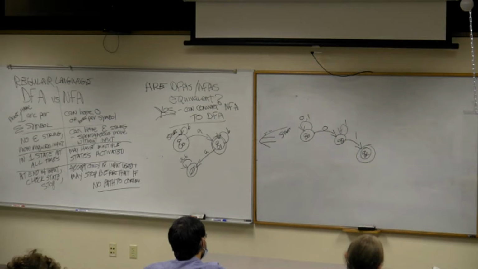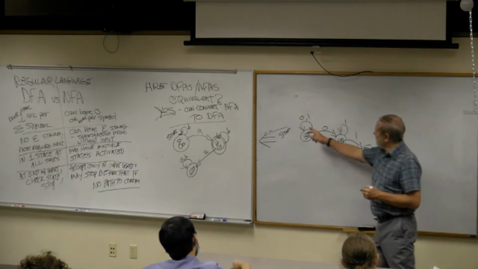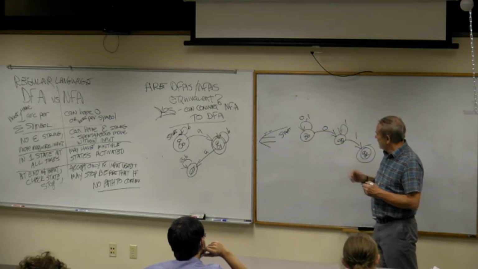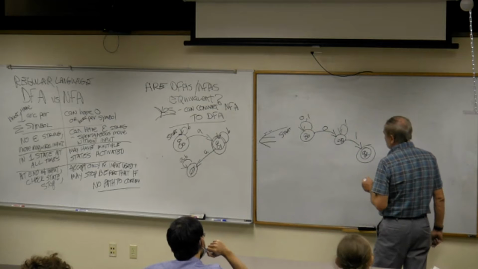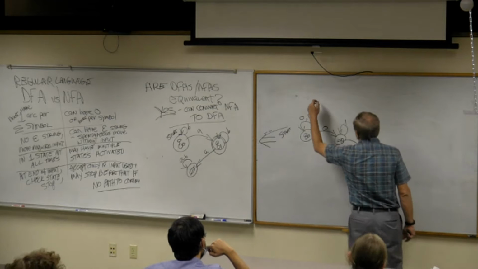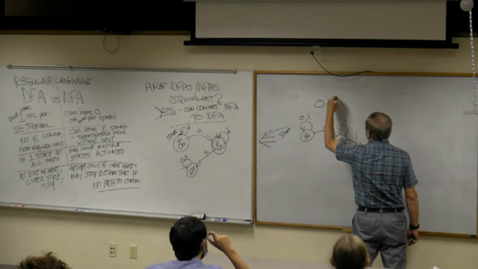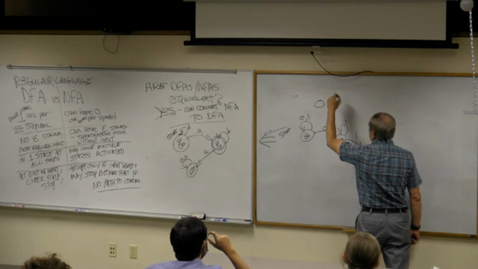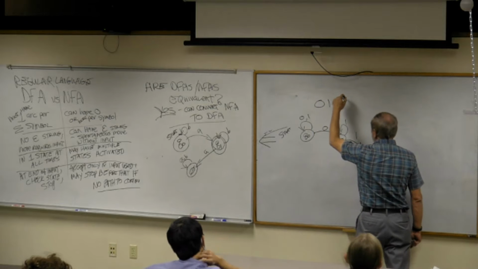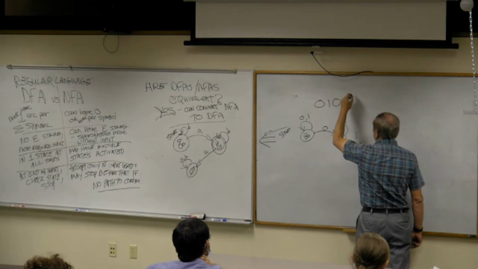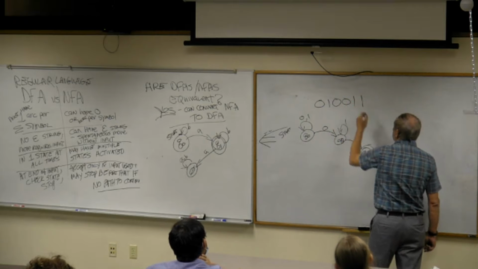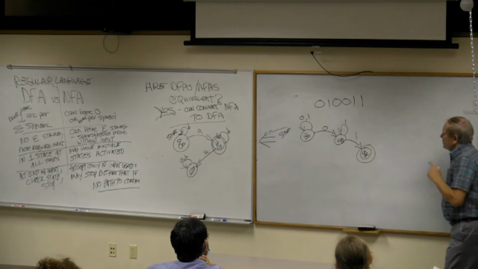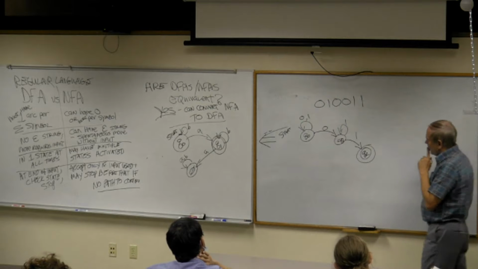Okay, but notice we got a couple of different things going on. We've got two different choices happening. Here you've got a 0 to decide. So how would it accept? Let's just look at it functioning for a moment. If we gave it... okay, let's try this. What would it do?